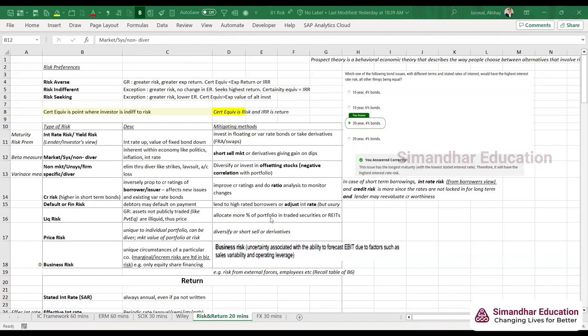Market risk is what? Market risk is basically the overall market, at an index level. India is measured by which index? Very good. So it's Nifty, it's not Sensex.